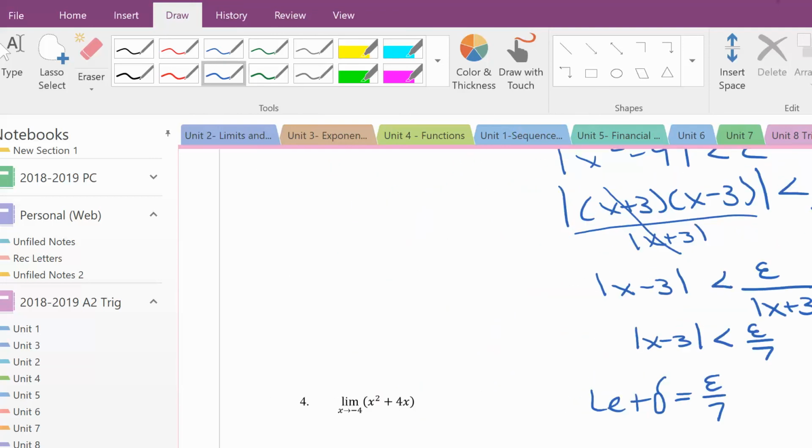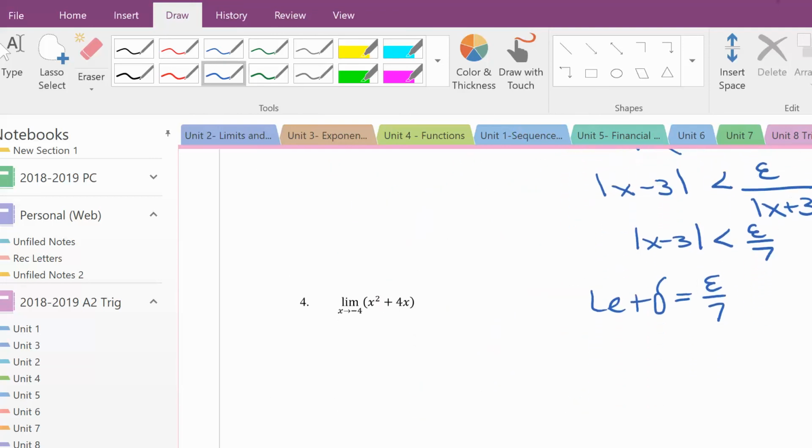All right, last one here. Similar situation. So we put in the negative 4. So we get 16 plus, 16 minus 16, which is 0.